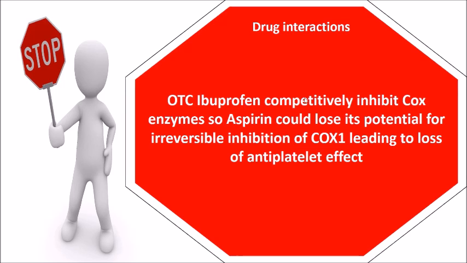So if you give, say, 200 milligram ibuprofen, ibuprofen might bind to the receptor, so aspirin has no chance of binding and irreversibly inhibiting the cyclooxygenase. So you might lose the antiplatelet effect of aspirin, also increasing the risk of duodenal ulcer and dyspepsia. So you might need to avoid using it unless it's needed.